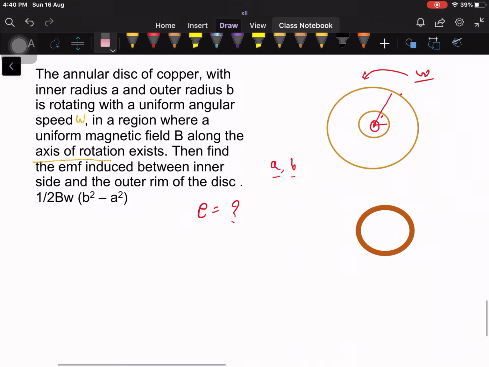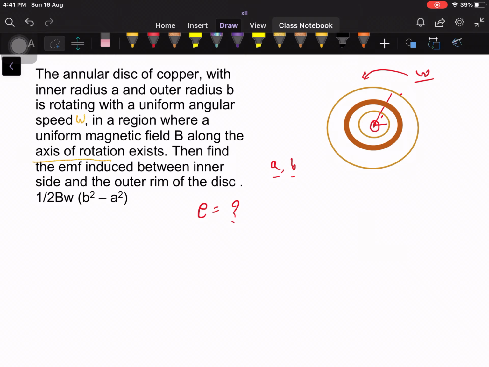This is the strip that I am going to use here, and the width of this strip is dx. The distance of this strip from center, I am assuming x. Means for me the radius is x. What is L? That is dx. What is V?